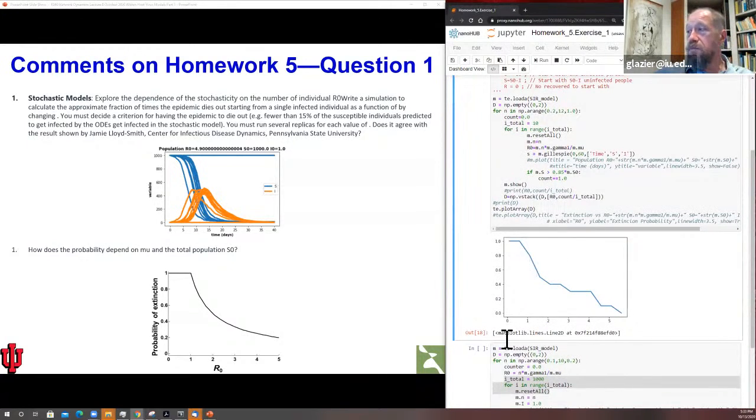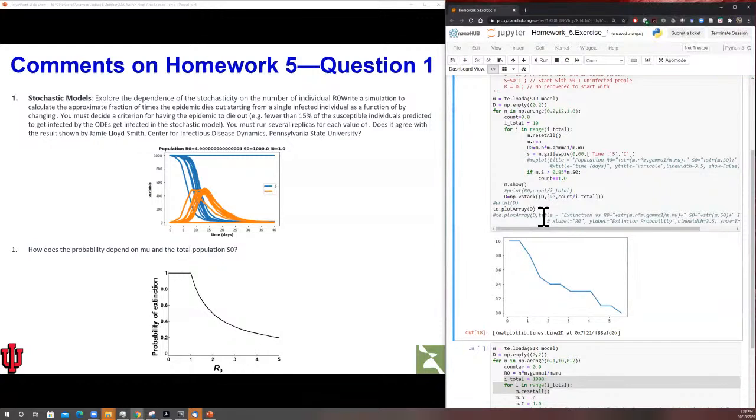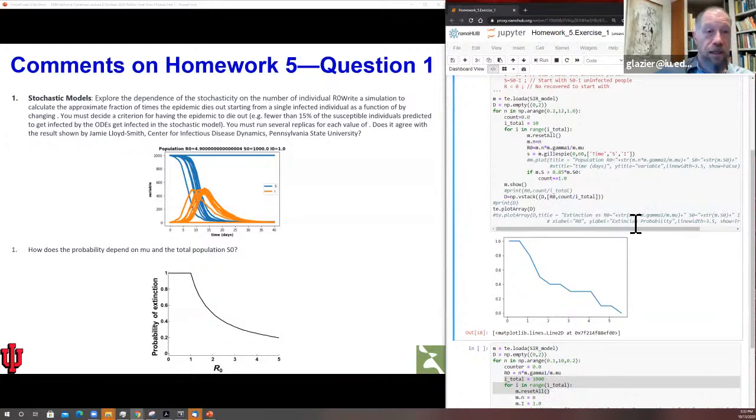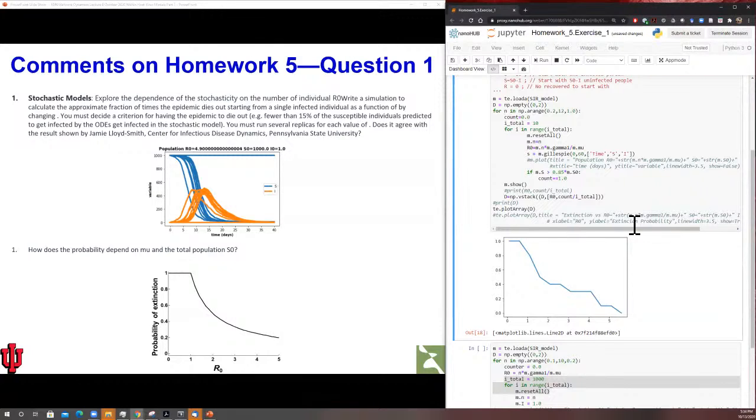So you're getting this matplotlib lines thing here, but you're not getting t plot array displaying. Is that right? I hadn't commented out the t dot plot array. Let me just try t dot plot array d. Yeah, try that because there may be a typo in that. Okay, yeah, that's showing the plot.